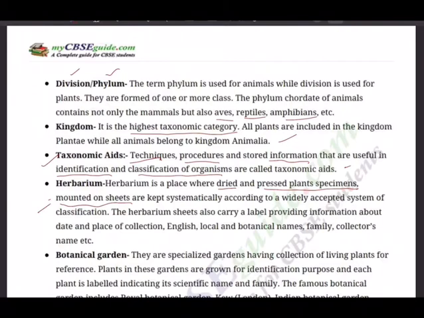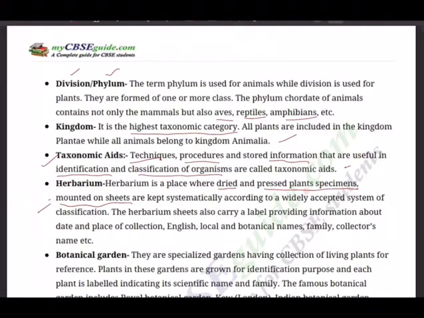For example, all the leaves that are available in and around your house, you can collect, dry them, press them, and then stitch them with a thread on each page. You can make a notebook that becomes a herbarium. Now you compare the leaf tip, leaf margin, venation, petiole, all this, that becomes a herbarium.